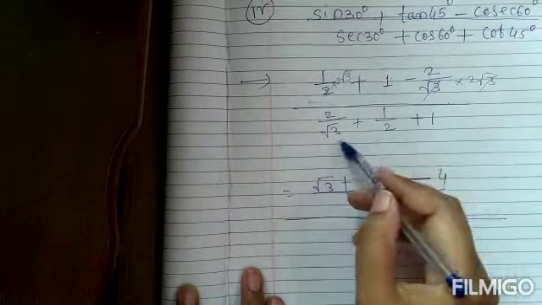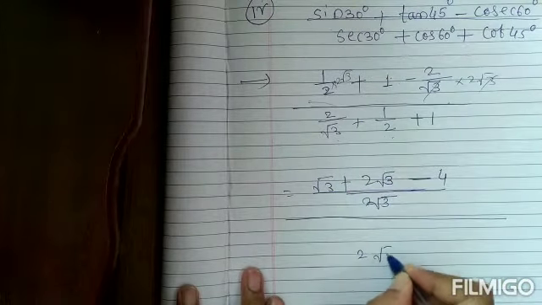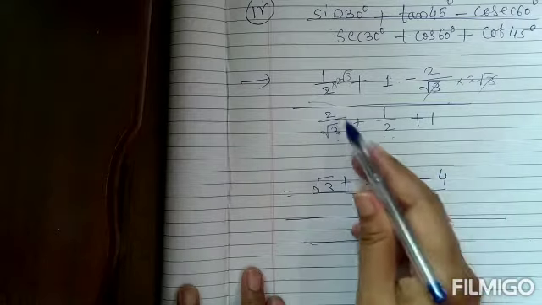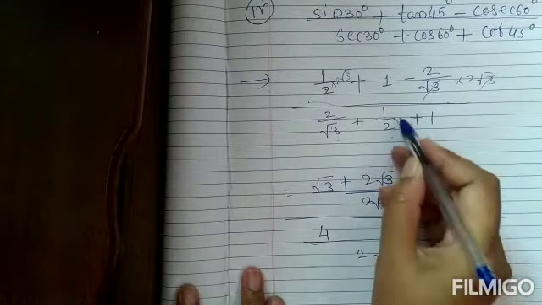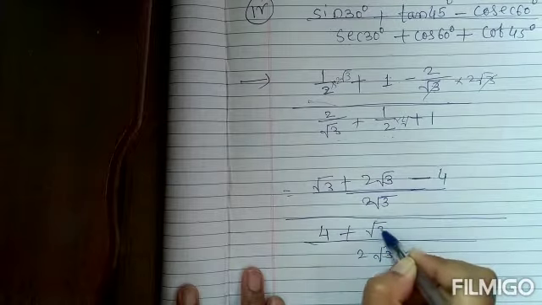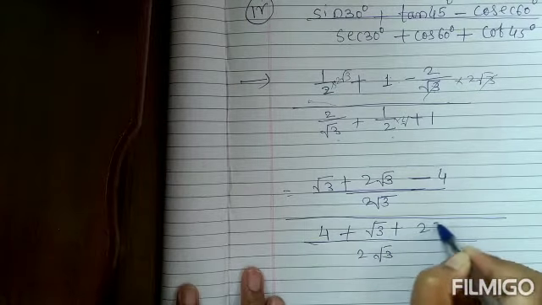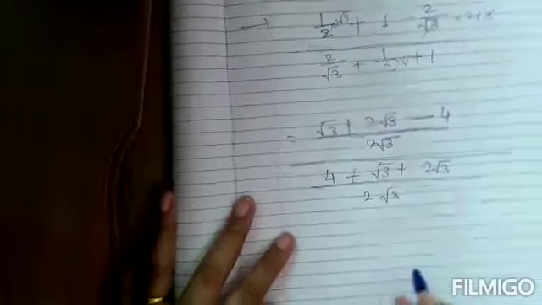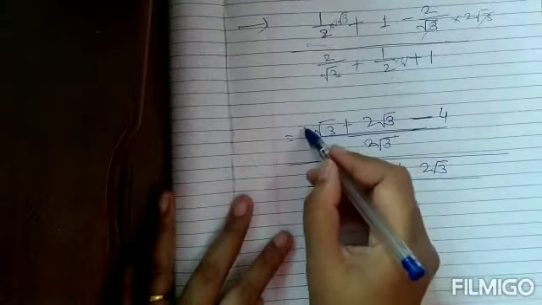Whole divided by, again here is the 2 root 3. So multiply that, again root 3 gets cancelled, 4. Here is also 2 root 3, 2 gets cancelled, plus root 3 and plus 2 root 3. Okay. So it will be reciprocal on that side. Here is nothing, means here is the 1.